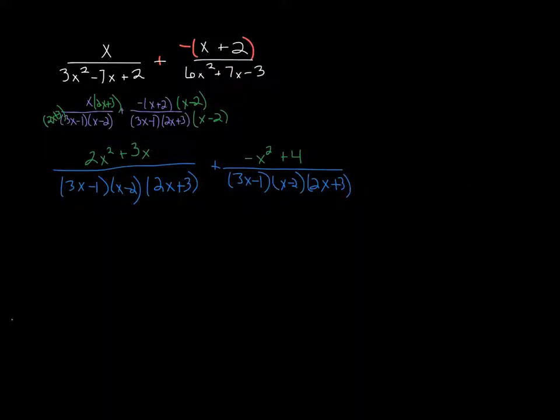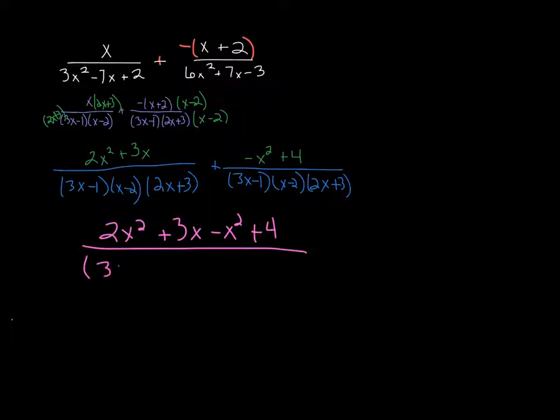Okay, now we're ready to put our numerators together. So you have 2x squared plus 3x minus x squared plus 4 all over 3x minus 1, x minus 2, and 2x plus 3.